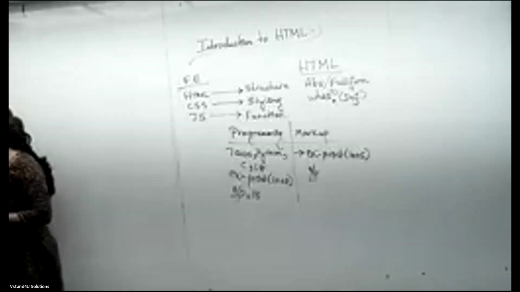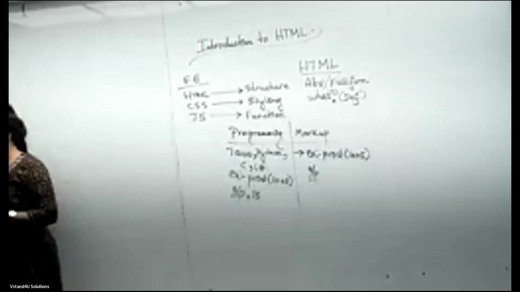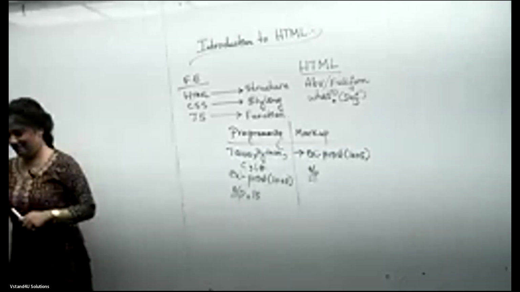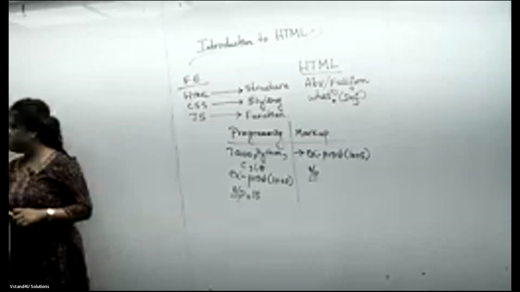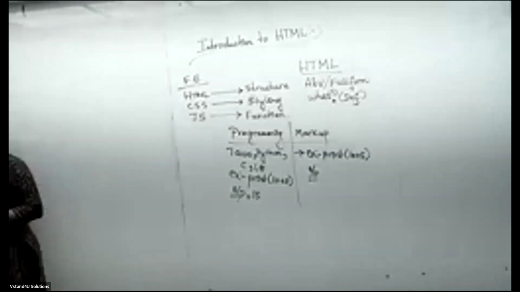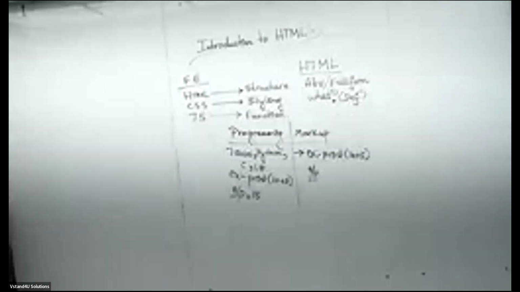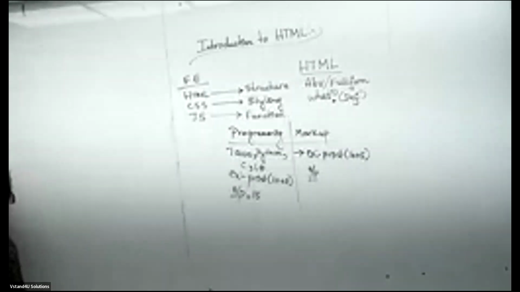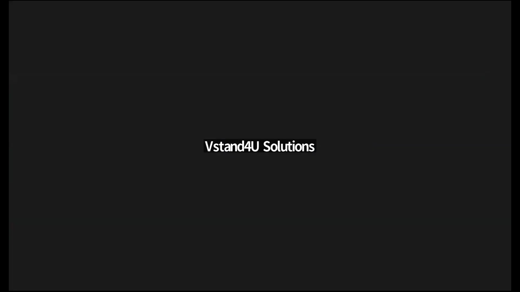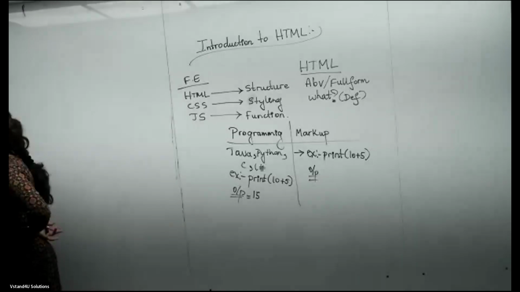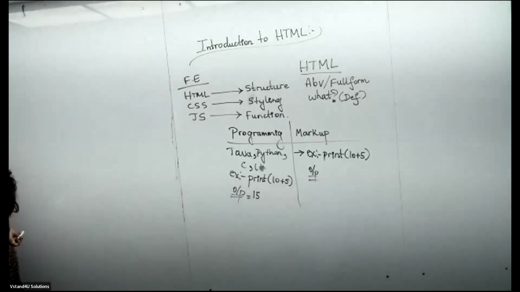Too much blur. Not able to see the board. One second. Okay, rub the front camera once more. Now is it visible?